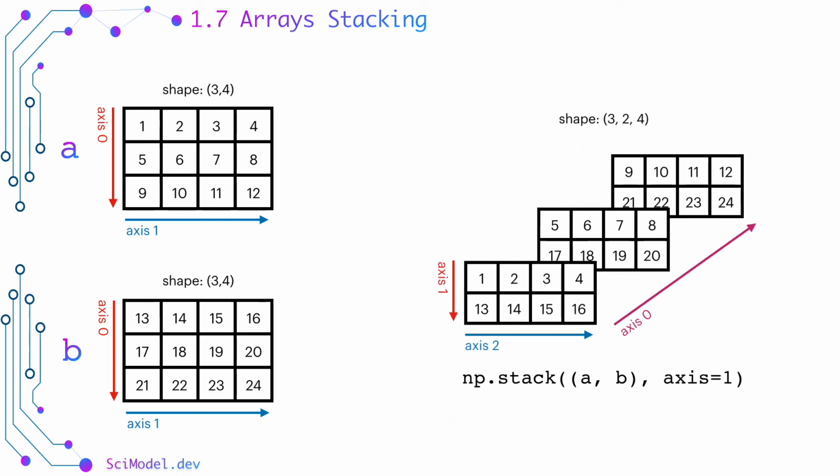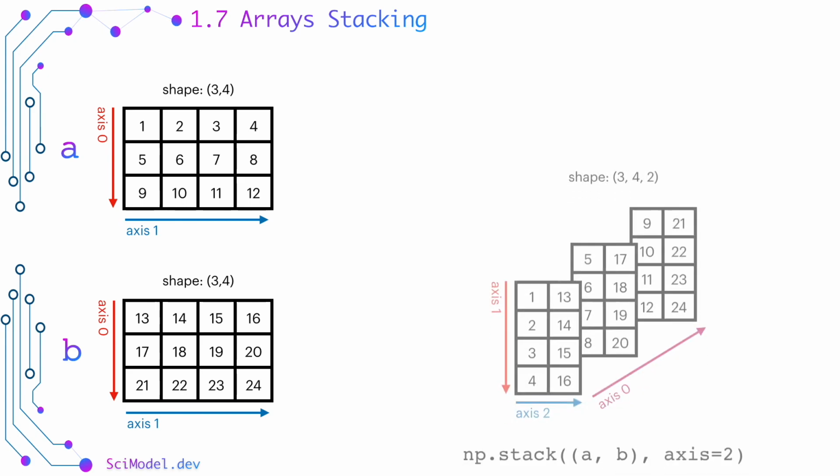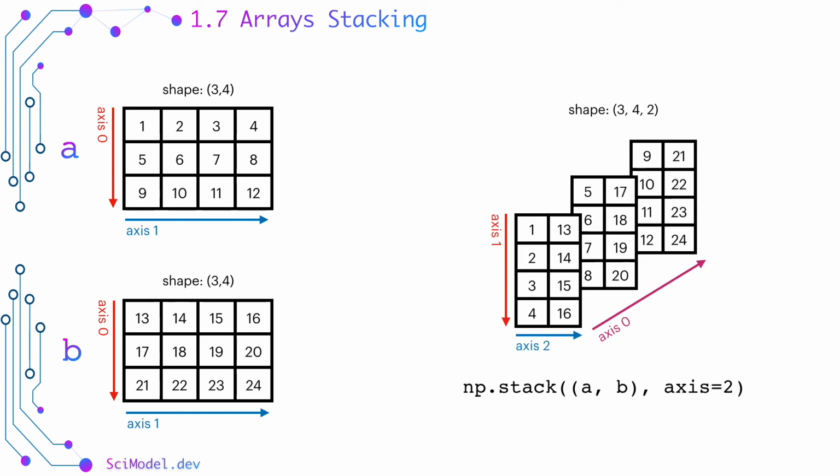In the second case, stacking along axis 1 stacks arrays A and B row-wise. In the last case, stacking along axis 2 stacks arrays A and B column-wise.